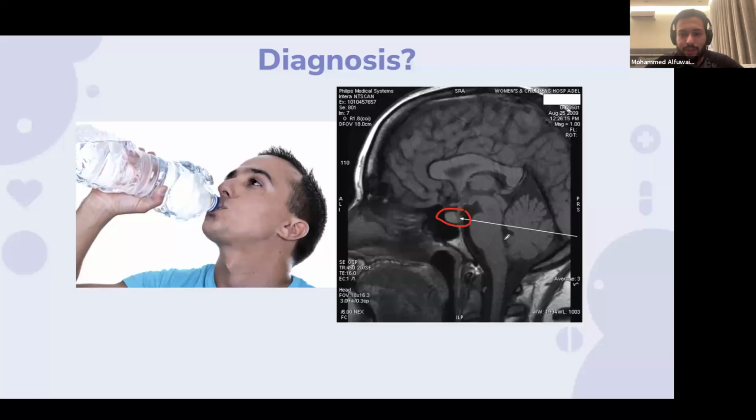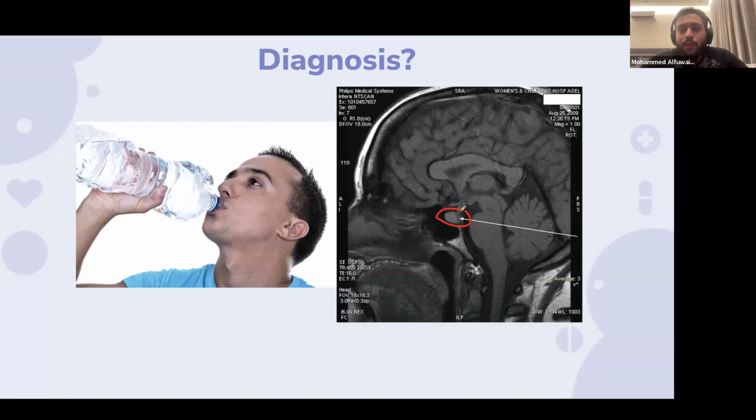How do you know that this is diabetes insipidus from the image? ADH, the bright spot. Okay. Remember the bright spot we saw earlier? This is indicative of ADH. If you have central diabetes insipidus, they won't have ADH. Okay. So this is why the bright spot is gone.